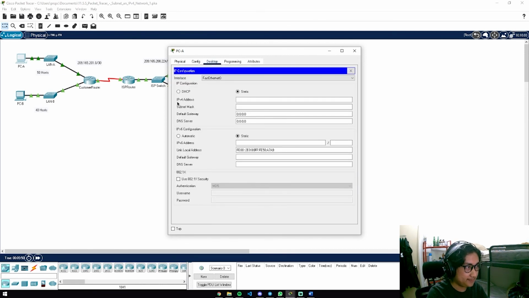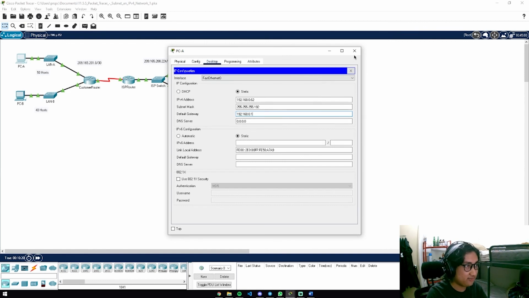So from here, the IPv4 address, just put in the IP address that's assigned to PCA, which is 192.168.0.62, with its subnet mask being 255.255.255.192. And finally, its default gateway, we have to set it, which was given earlier, 192.168.0.1. And that's it for PCA.